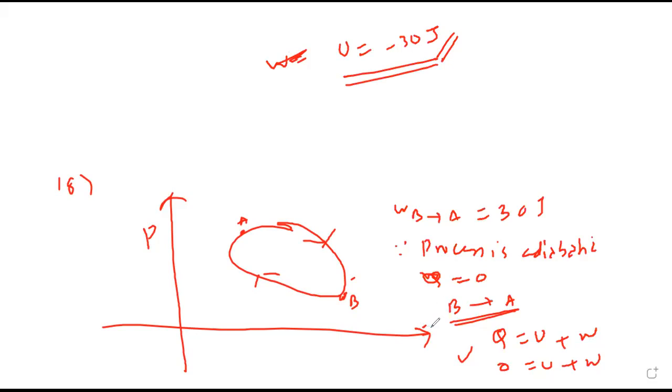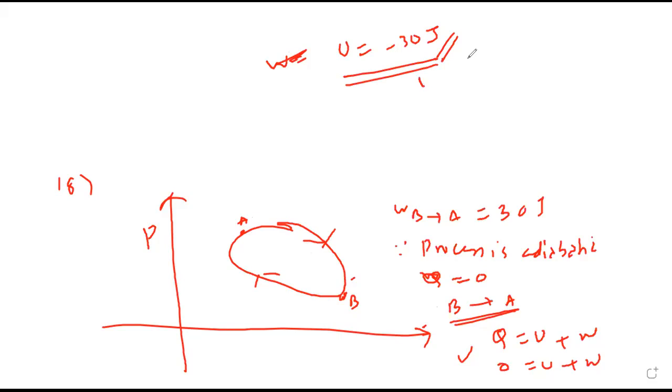Then it is said it is taken from A to B, heat is absorbed 20, change in internal energy in process A to B. Plus 30 will come, because B to A and back A to B, net internal energy change should be 0.